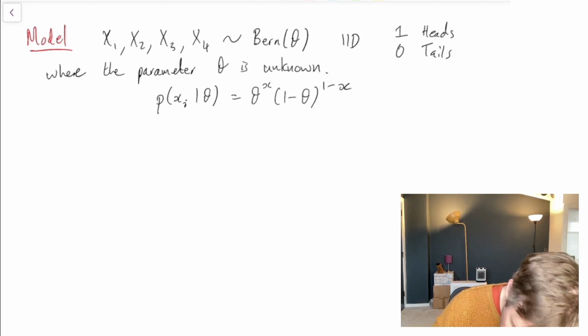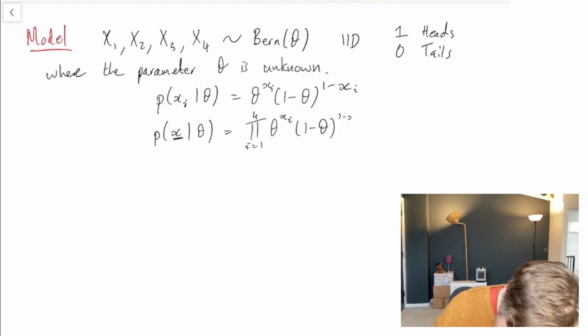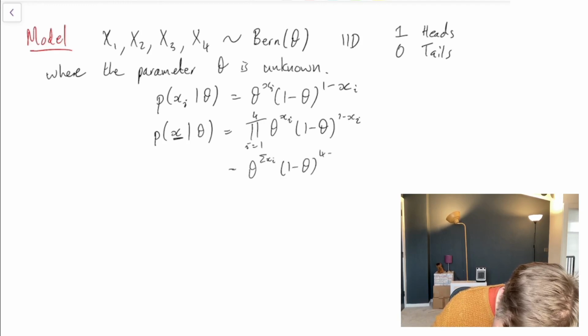And so for our 4 pieces of data, x underlined being x1, x2, x3, x4, this was the product of all these. The x_i should have had i's up there, shouldn't I? theta to the x_i times 1 minus theta to the 1 minus x_i, which comes out as theta to the sum of x_i, 1 minus theta to the 4 minus sum of x_i.